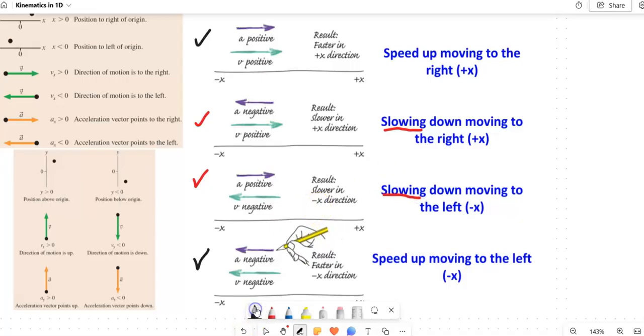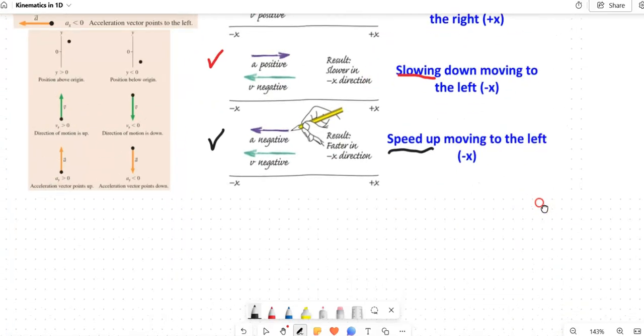Okay? And constant velocity is this. If you're moving to the right, so let's say you have a positive velocity vector in the x direction, but you have no acceleration vector, which means no change in your velocity.